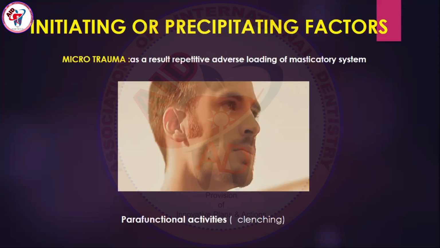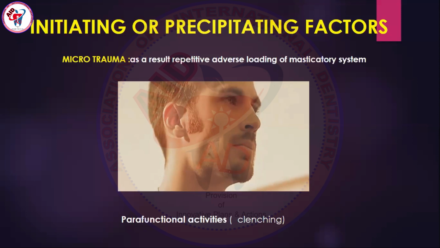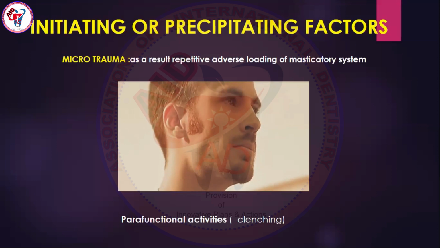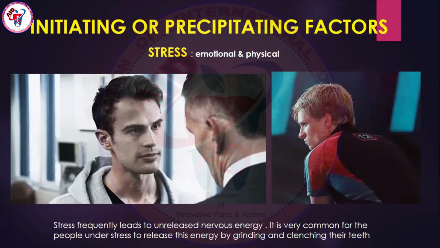And sometimes, like this, there are parafunctional habits. You are looking at some target, and in your silent mood you are clenching your jaw, and this clenching directly or indirectly presses the whole structure of the TMJ. Now look at this.